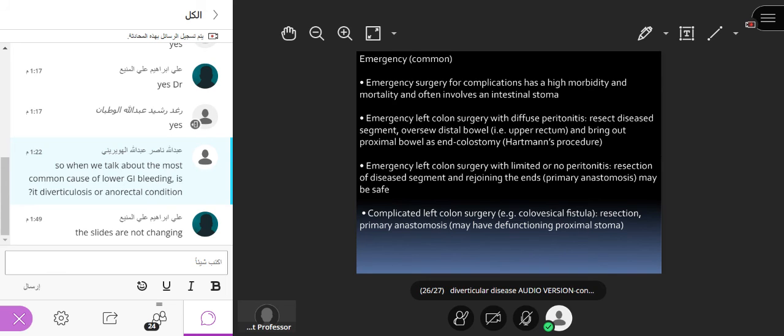Now, complicated left colon surgery, for example colovesical fistula. You do resection and primary anastomosis. So what do you do? You resect the tract, you close the sigmoid colon primarily, then close the bladder wall primarily, right? And you make a proximal loop colostomy. We call it a defunctioning proximal stoma or loop colostomy, because we have repaired the bladder and the sigmoid colon primarily.